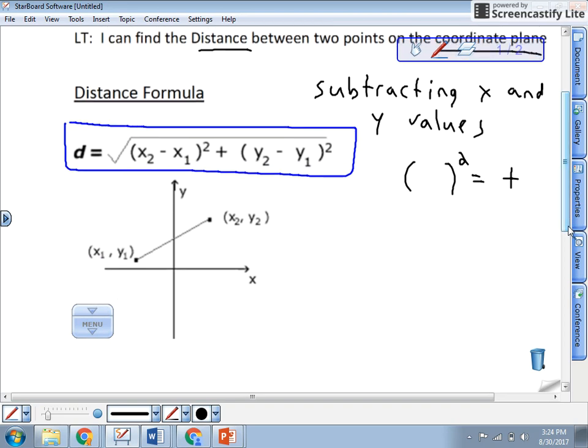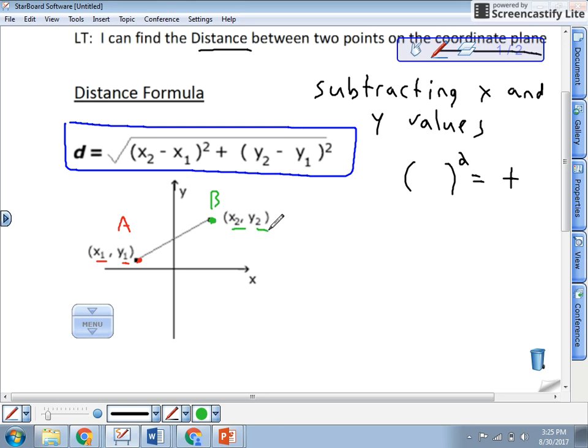Again, there are points on a coordinate plane, and a point has an x and a y value. So if I call this first point right here point A, notice I have an x value and a y value. We call it x1, y1, so we can just distinguish between the 2 points. And if I call this point right here, so I'm going to use green, if I call this point right here B, well, there's my x2 and my y2 values.